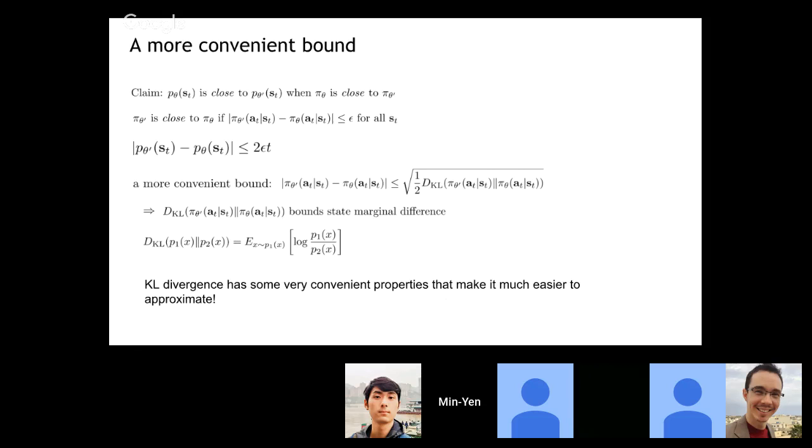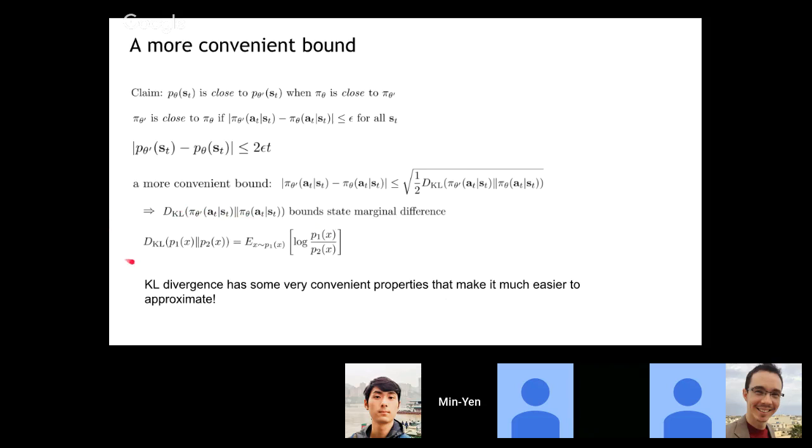So this slide is about using a more convenient bound instead of the total variation divergence. Basically, you can use a different bound using the KL divergence, which apparently is a lot better because it works much better with a lot of distributions. This step is more of a practical tip when you implement this, because using the KL divergence is better than the total variation divergence.